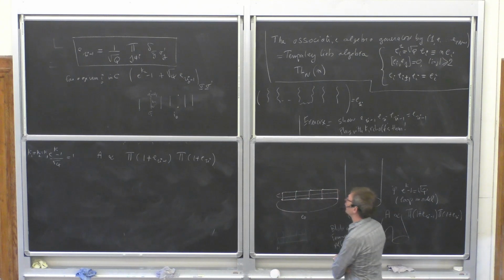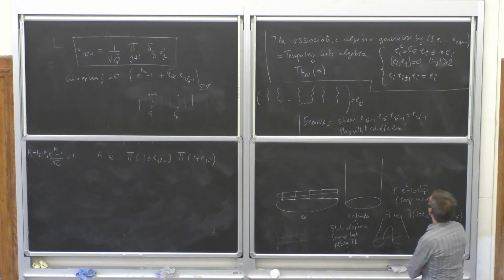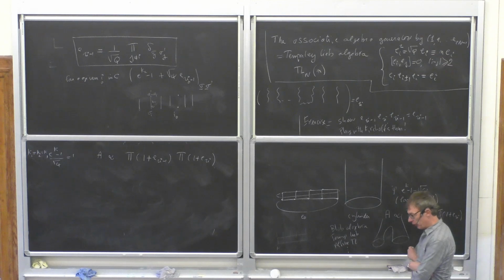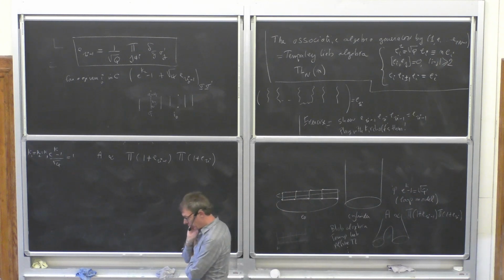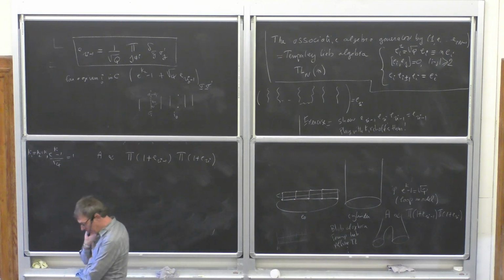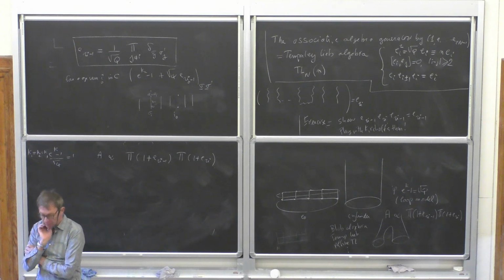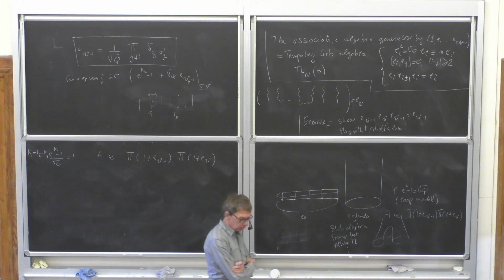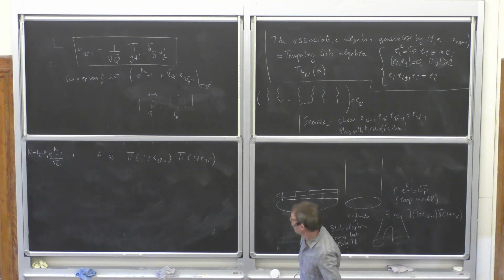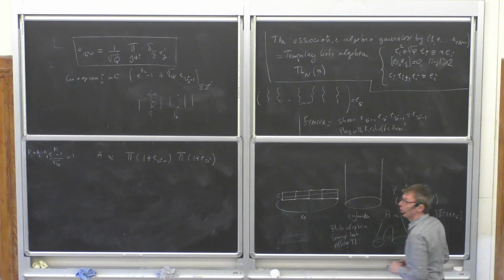Well, it so turns out that associative algebras also have representations, and they're a little bit more difficult to understand because we don't have these commutators. We don't have raising and lowering operators and so on, but nonetheless, they have representations just like the Lie algebras. And I need to tell you a little bit about these.